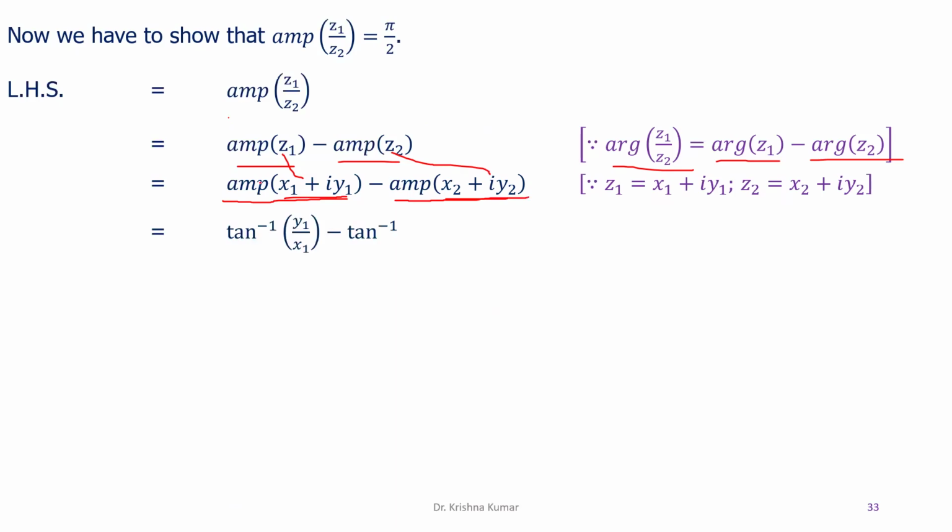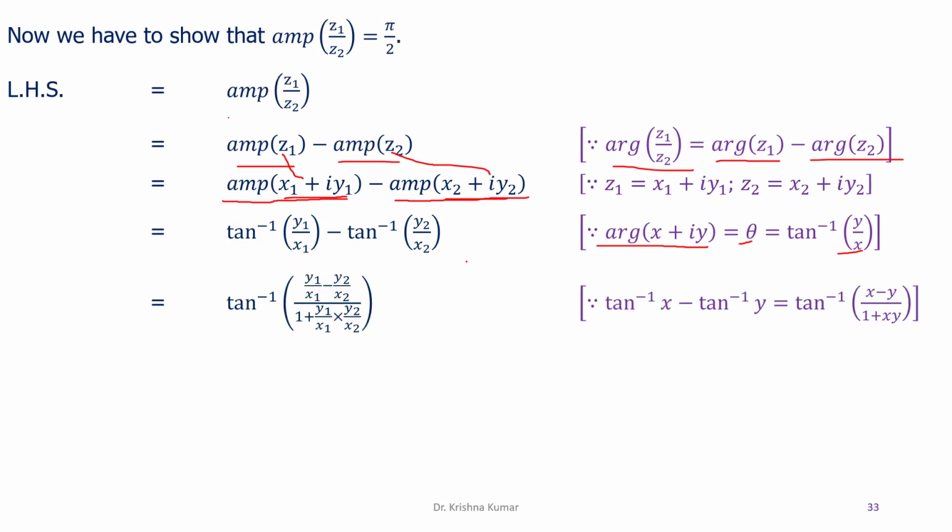Now we know that the amplitude, or argument, of x plus iy is given by theta, which is nothing but the tan inverse of y by x. And now we are considering this argument in the first quadrant. So this is tan inverse of y1 by x1 minus tan inverse of y2 by x2.